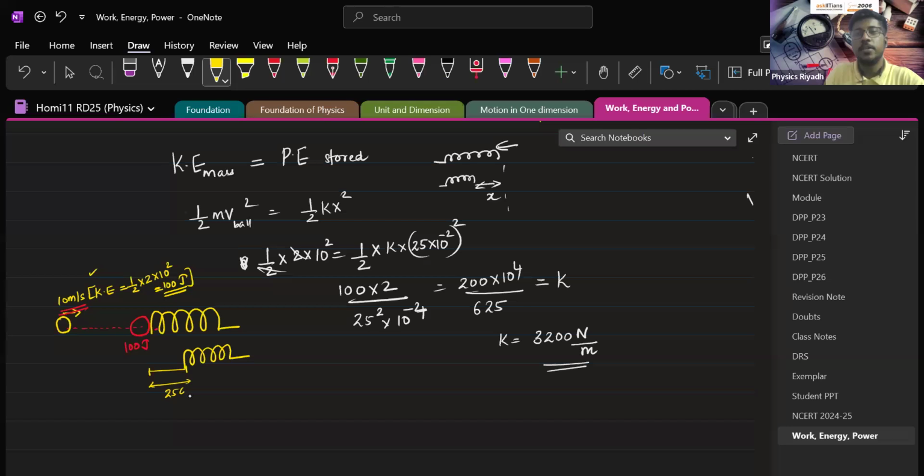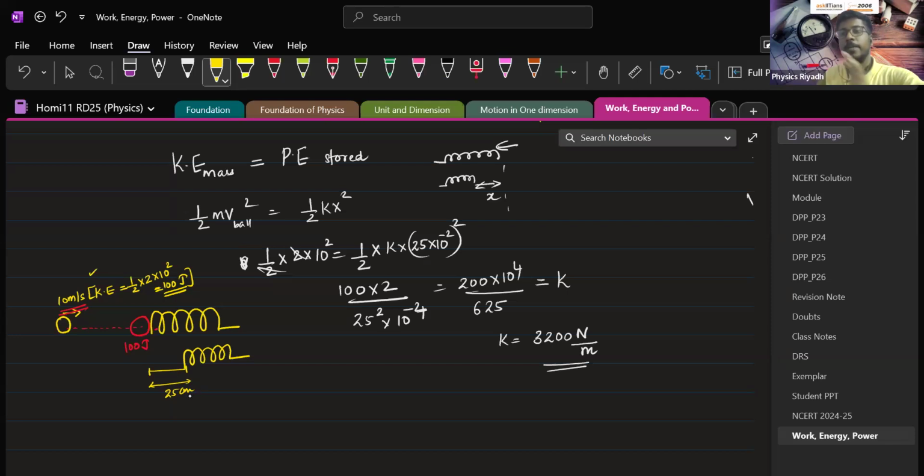And who is doing the work? The ball is doing the work. Where is it getting energy from? The kinetic energy it had. So this entire kinetic energy is getting used up in compressing the spring. It slows down, slows down, slows down. Finally, its velocity becomes zero when the spring is compressed to a certain degree. So the entire kinetic energy that the ball had becomes zero, and that entire kinetic energy is getting transferred as the potential energy.